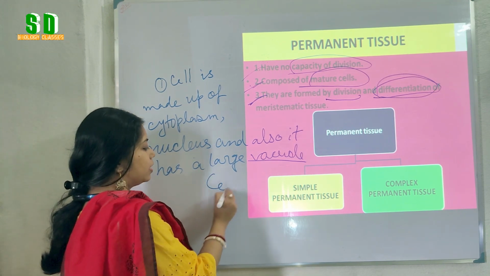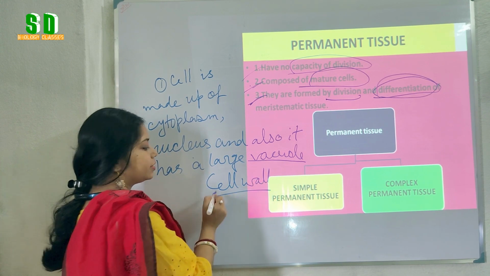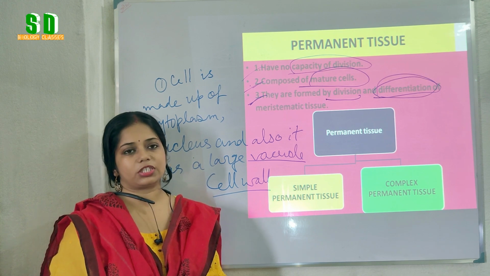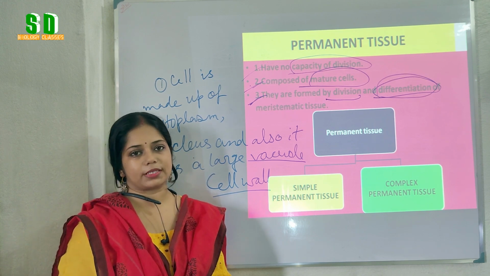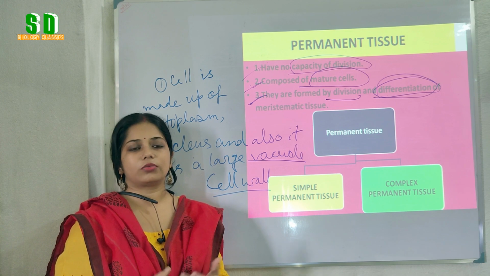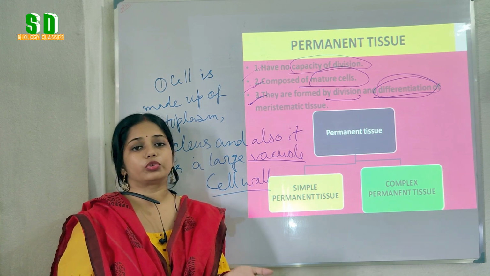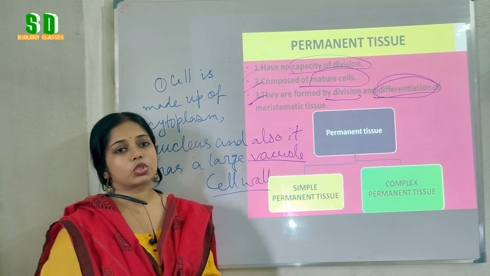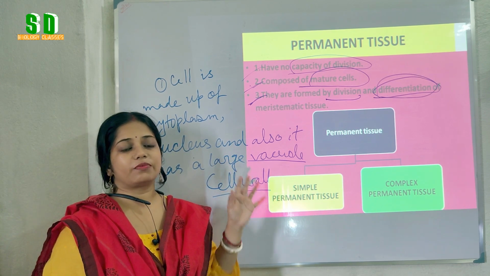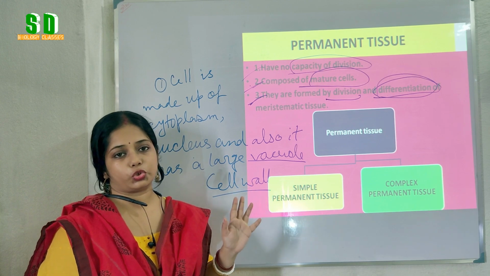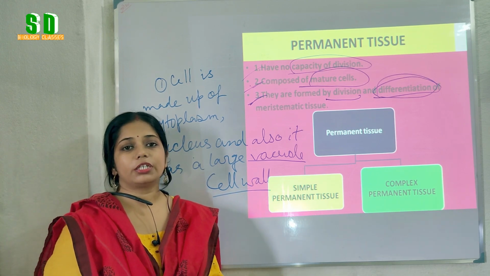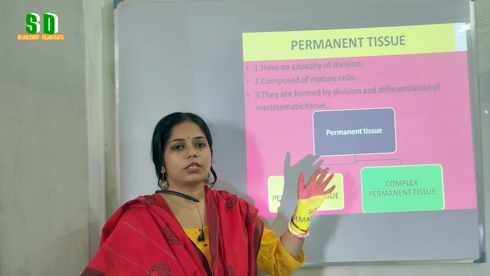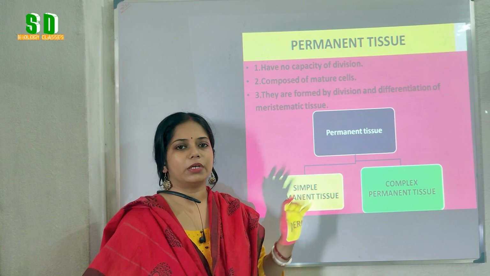Usually intercellular spaces are present, and in some cases the intercellular spaces can be absent also due to the deposition of secondary cell wall materials. So these are the few basic features of the permanent tissue. Now let us learn about the types of the permanent tissue. So students, till now we have learnt about the basic features of the permanent tissue.